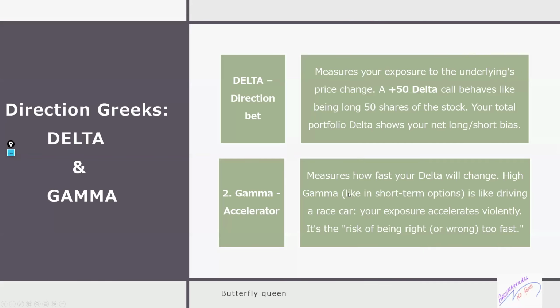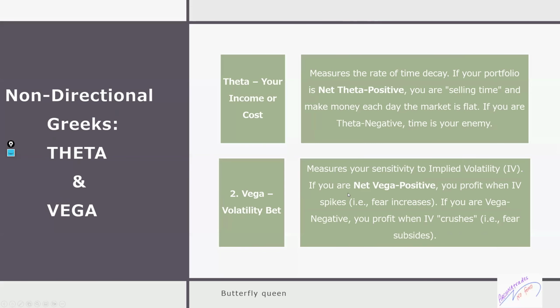Then there is theta and vega. Options are not forever. They are time sensitive. You are buying or selling calls or puts for a certain expiration, after which that option doesn't exist.